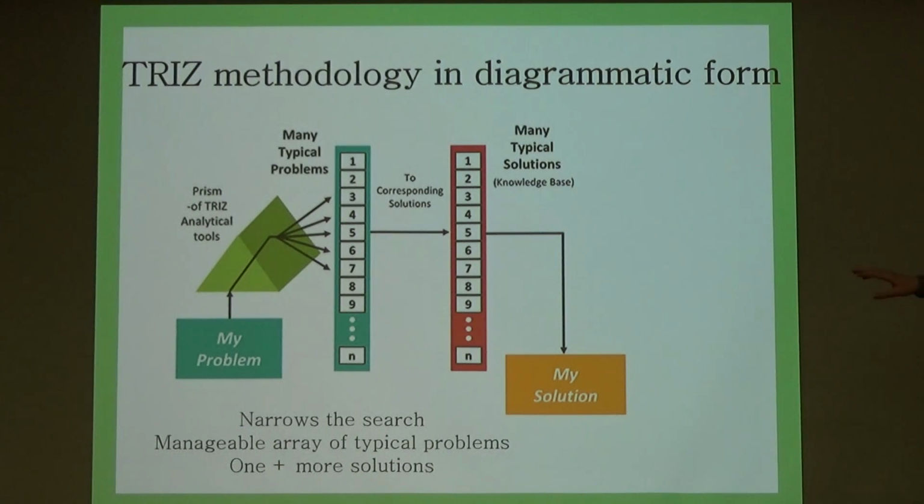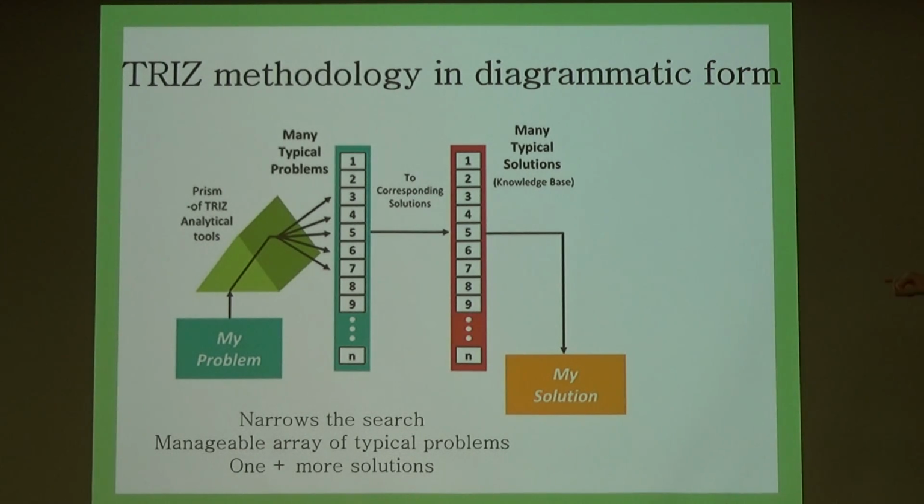So you have your problem. The TRIZ is like a prism. So the problem goes through the prism. It generates the different sets of sub-problems, and then it matches up solutions. And these solutions are derived from biology.